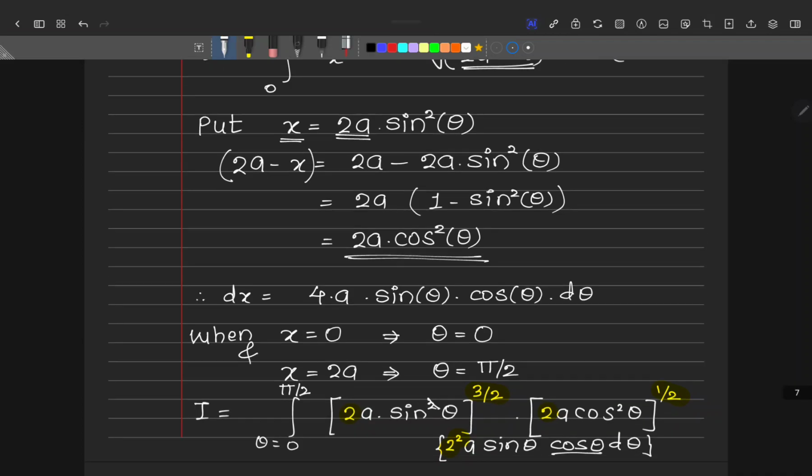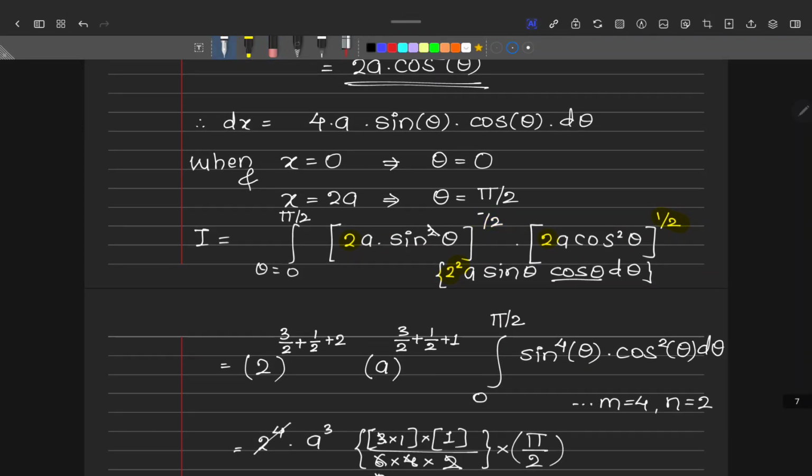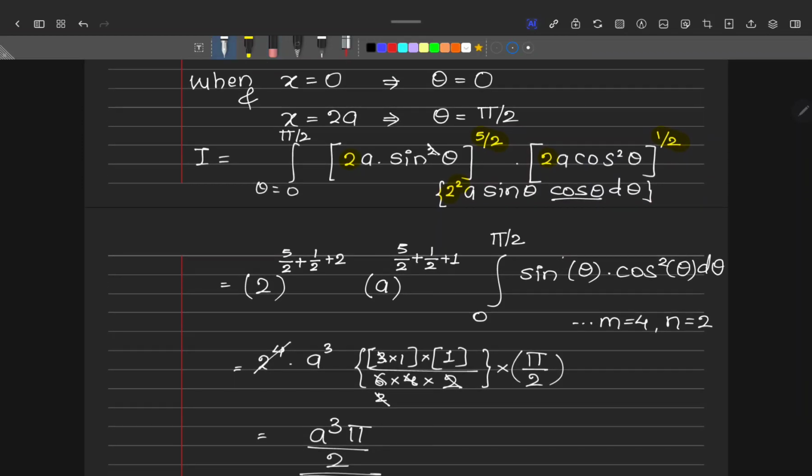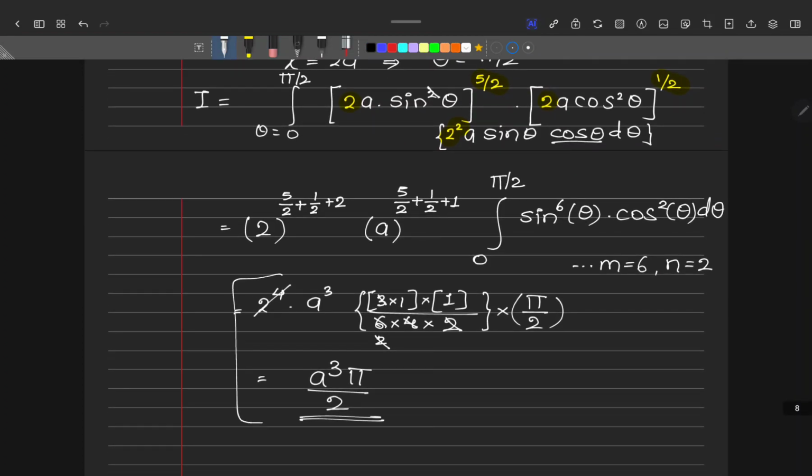So x raised to 5/2, here we take 5/2. Okay, then these values will change, so it is 5/2, 5/2, this value will be 6, m is equal to 6, and accordingly this answer will change. So please solve this and send me your answer.